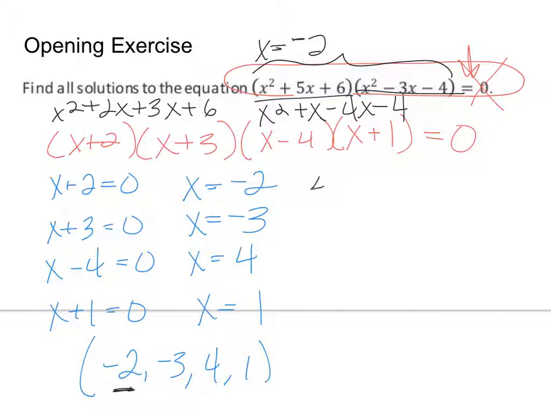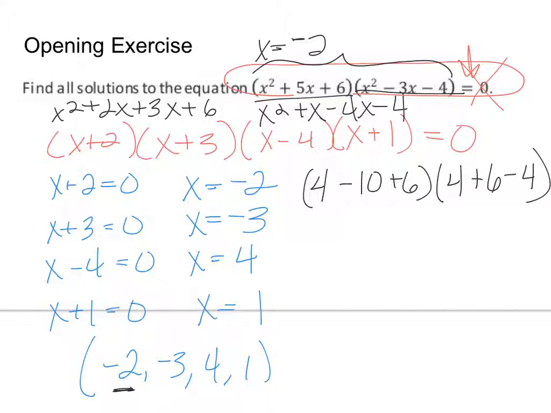-2 squared is 4. -2 times 5 is -10, plus 6. And -2 squared is 4. -2 times -3 is plus 6, and minus 4.